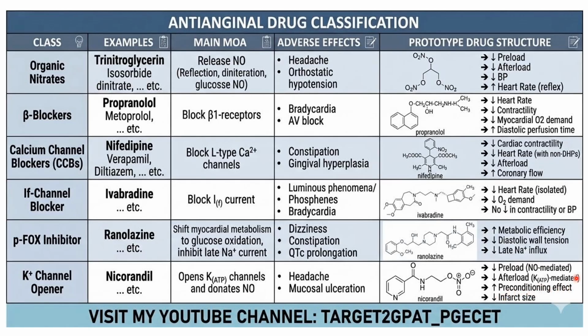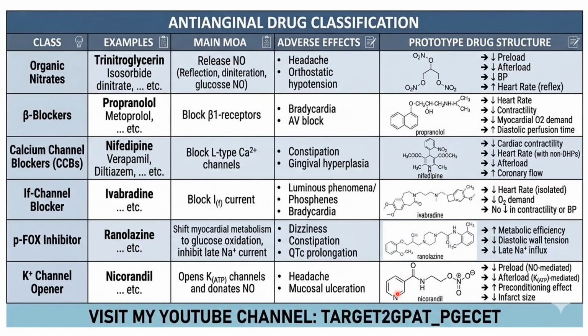As mentioned in this table, most of them will be 3 decrease and 1 increase. More specifically, make a note, except for these IF channel blockers which involve the funny current, IF, F for funny current, but not to be taken for granted though it is funny, because it involves the mix of sodium potassium inward current here. I am mentioning this because it causes all the decrease here, decrease in the oxygen demand, and decrease in the contractility or blood pressure.